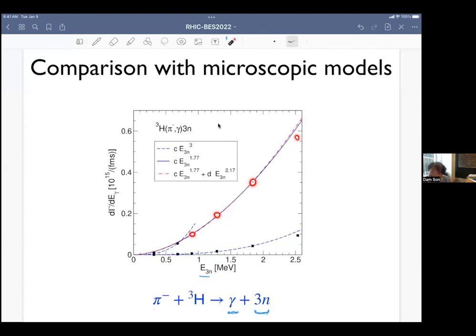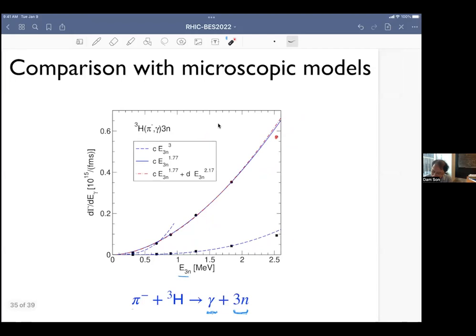These points are the result of the calculations and seem to fit the simplest power law very well. These points correspond to the result of the same calculation without final state interaction between the neutrons, and it seems to fit the curve drawn for non-interacting particles with the power 3 instead of 1.77.